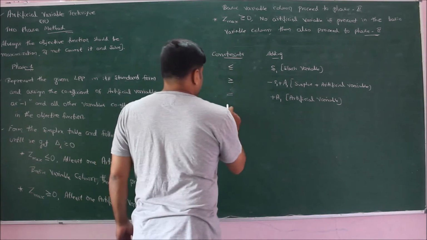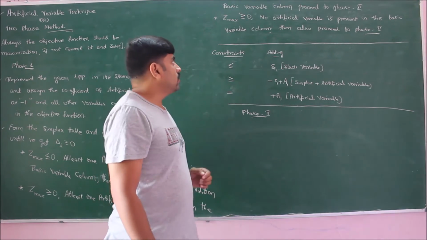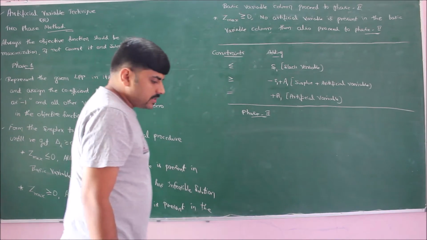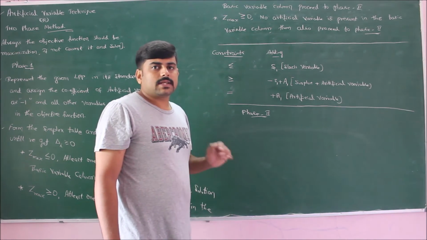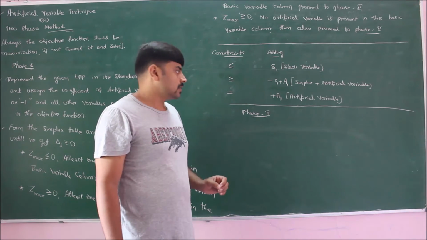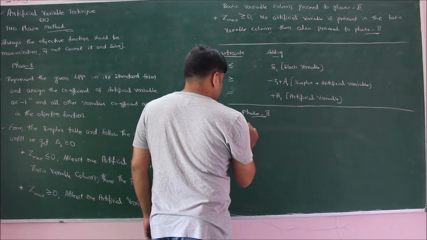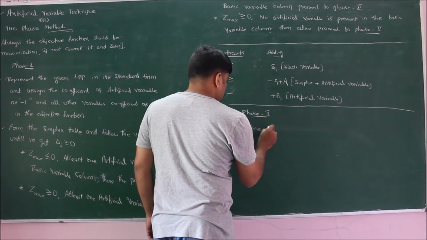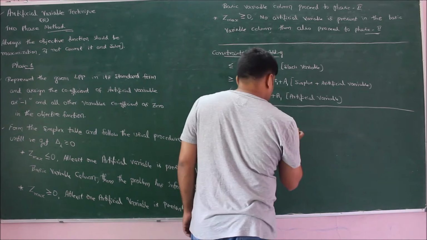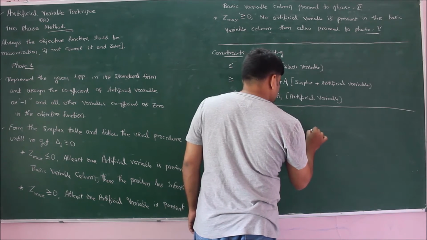And now once you enter phase 2, that is when the delta I values are greater than or equal to 0 in the last step of phase 1 and also Zmax is greater than or equal to 0, then you should replace CB, that is the coefficient of basic variable, by its original value.